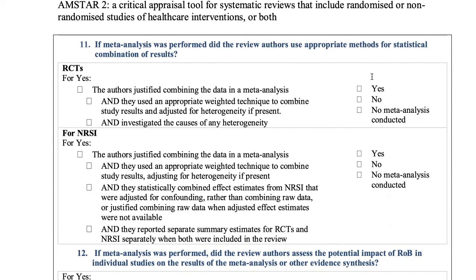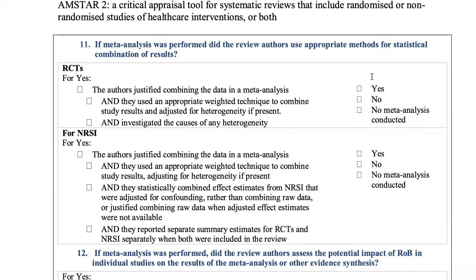For RCTs, it should be yes when the authors justify combining the data in a meta-analysis. Do you remember when you try to combine fruits, oranges, apples, and bananas? So we need to find the reporting of how the authors decided to do this combination.